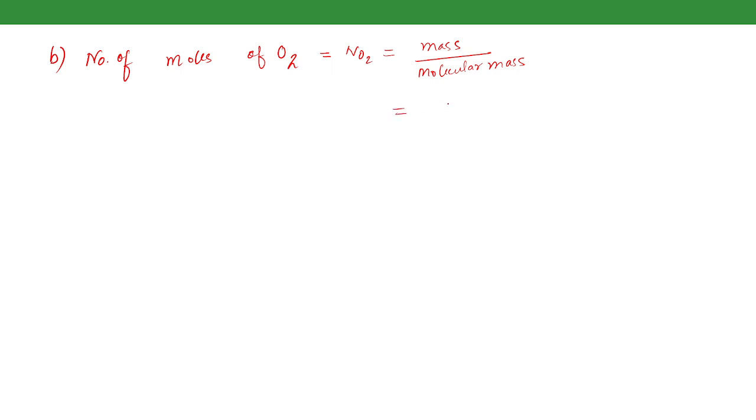So it is 3 by 32. We are taking it as kg per kilomole. So this comes out as 0.094 kilomole.